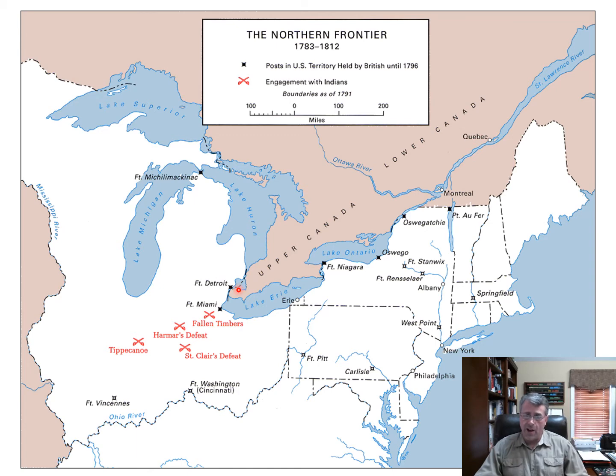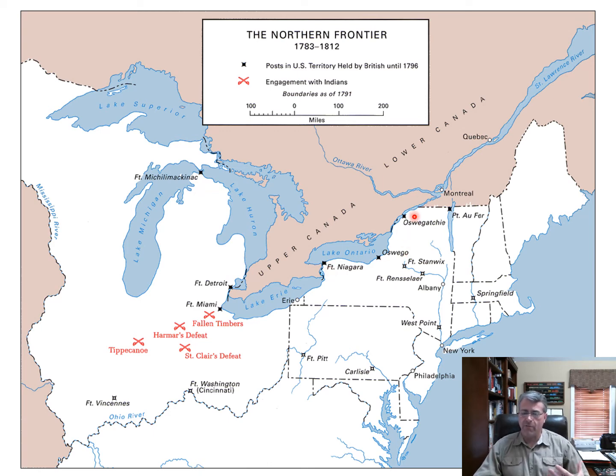The weakness of that argument is, okay, who are you protecting your frontier from? The United States? Because the United States poses absolutely no threat to England at this point. The United States is far too weak economically and militarily to pose any kind of threat to British Canada. And of course, why then would those forts be on the United States side of this border?